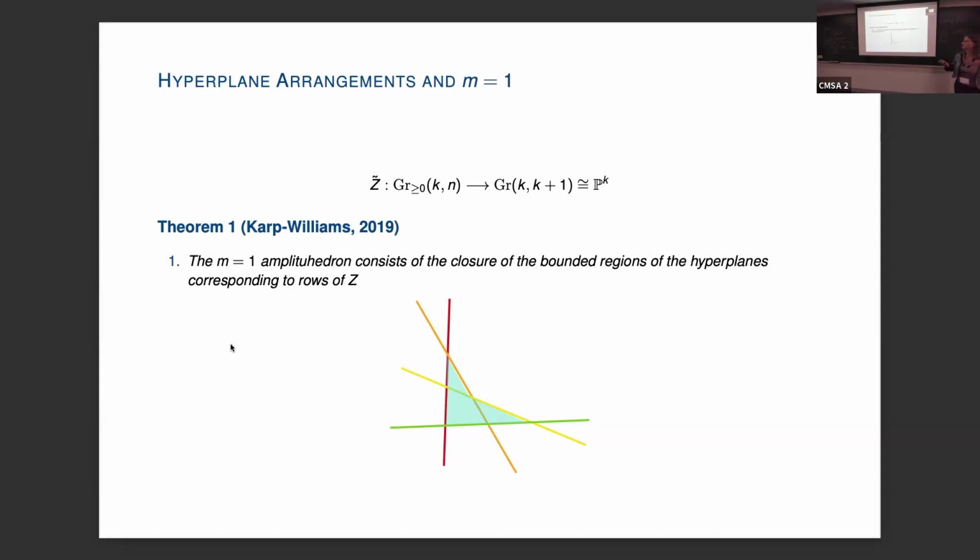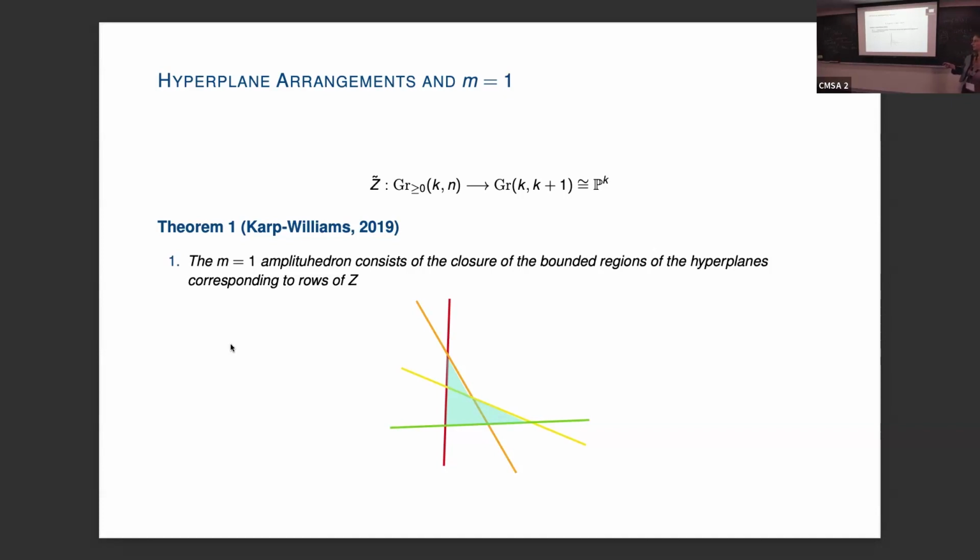And this is a paraphrased version of a theorem from this paper. The m=1 amplituhedron consists of the closure of the bounded regions of the hyperplanes corresponding to rows of Z. I'll explain how you get hyperplanes corresponding to rows of Z, but for now, if you just trust me that we can write hyperplanes that correspond to rows of Z, then we draw them. So this is a picture when k = 2.